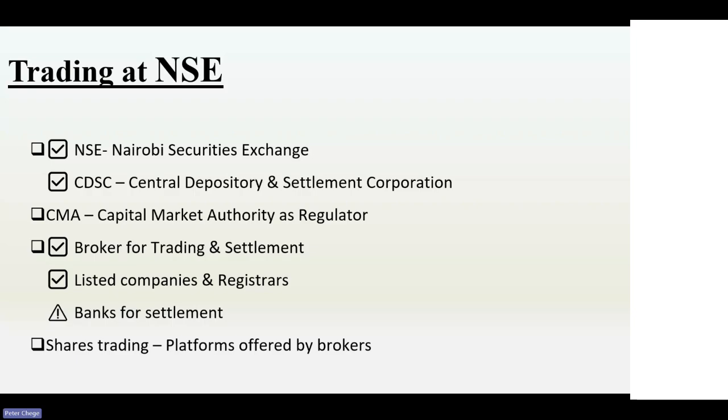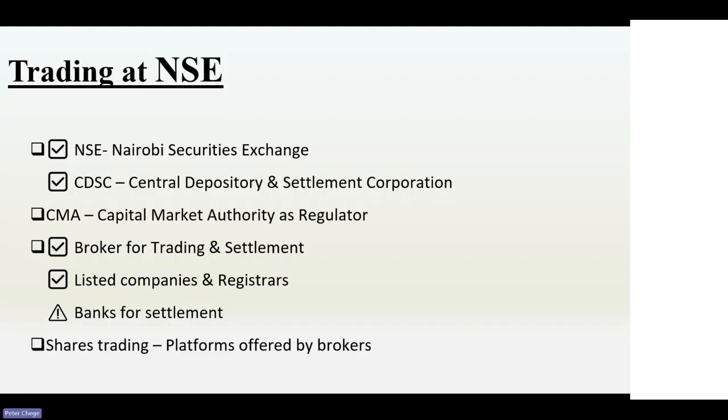So at CDSC, when you open accounts, they tag your account to a broker. Let's say you open account with AIB. They tag that CDSC number under your unique ID to broker AIB. If you go to another broker, for argument's sake, I don't want to market for others, let's say broker X, you open account with them.